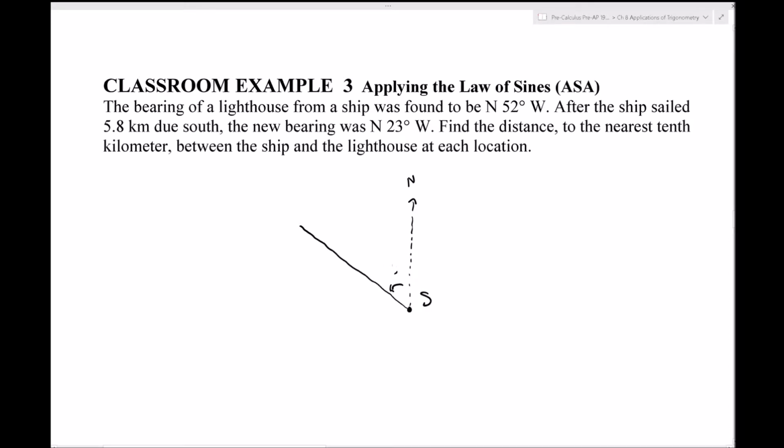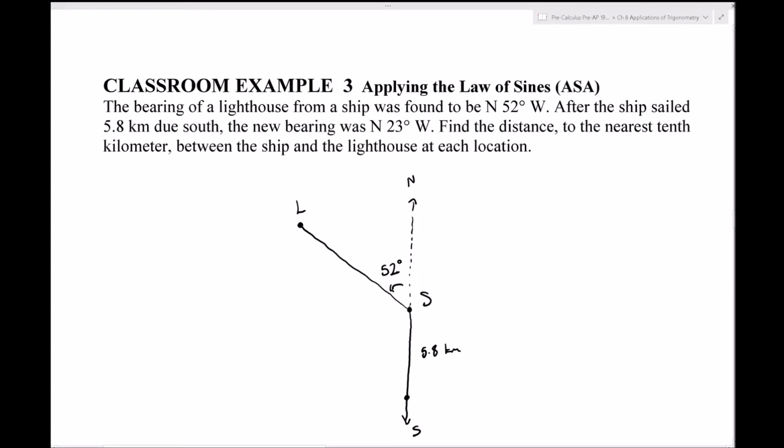It doesn't look like a 52, but it's measured that way. And the lighthouse is somewhere out here. That doesn't tell us how far away it is. So this is the lighthouse. I'll call that L. After the ship has sailed 5.8 kilometers due south, and what does that mean? It goes in a straight line in the exact south direction. So that's south. It sails 5.8 kilometers this way.